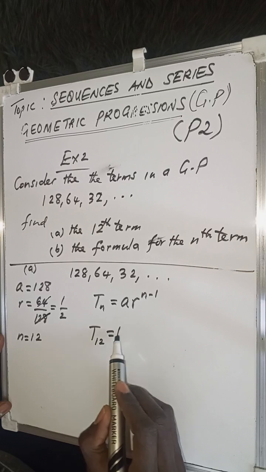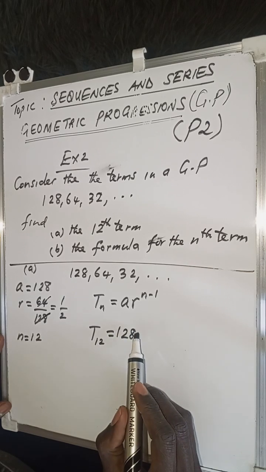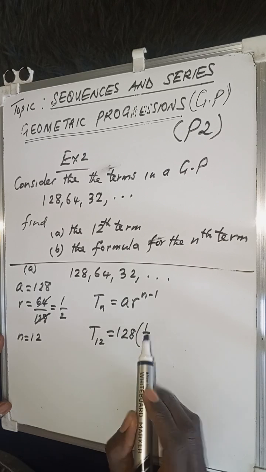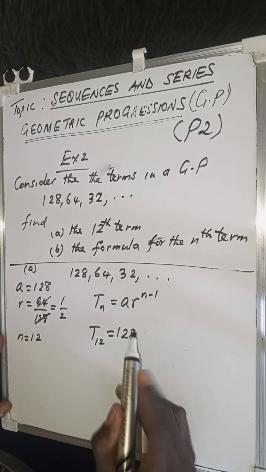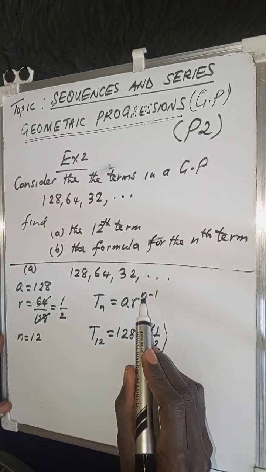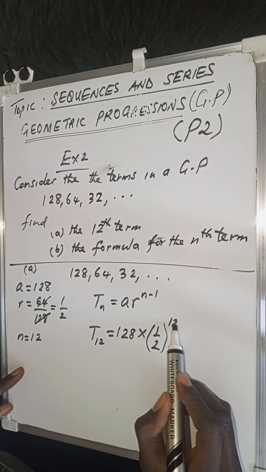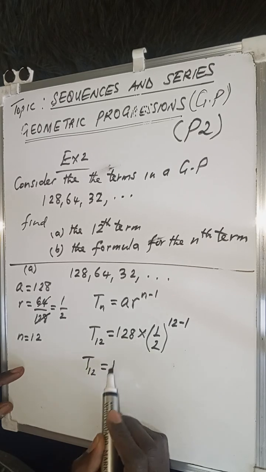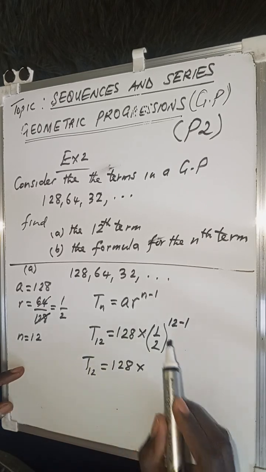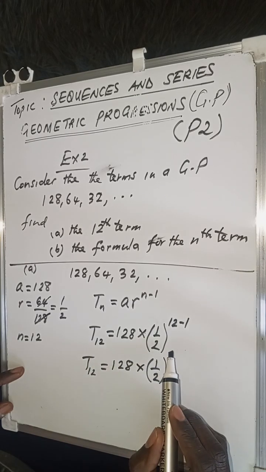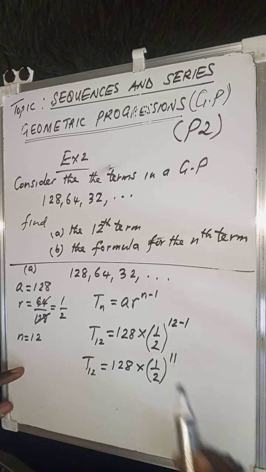It is simply 128, multiplied by the common ratio, which is 1 over 2, but this raised to, what is my n? It is 12 minus 1. So T12 will be equal to 128 multiplied by 1 over 2 raised to the power 11.